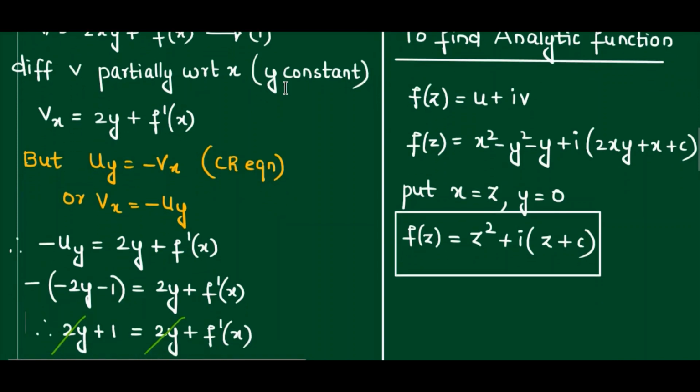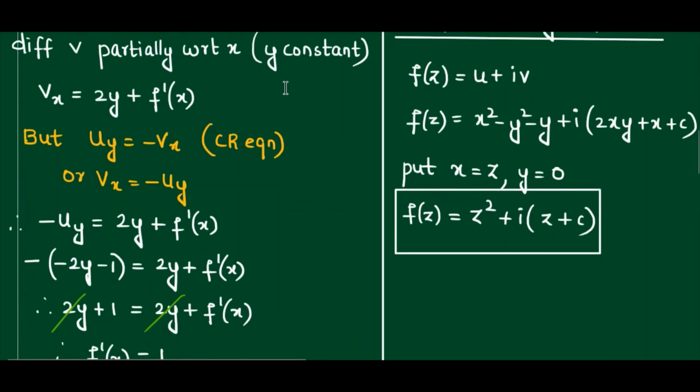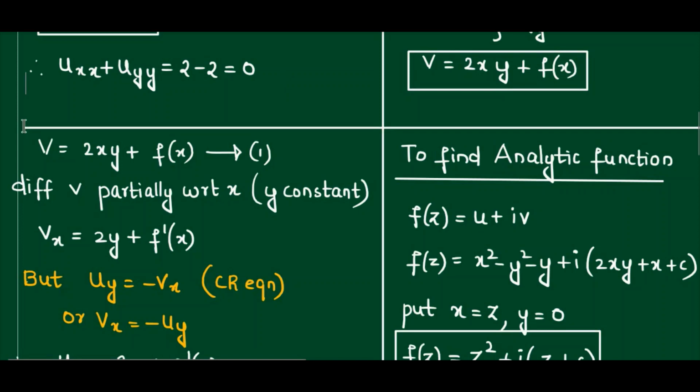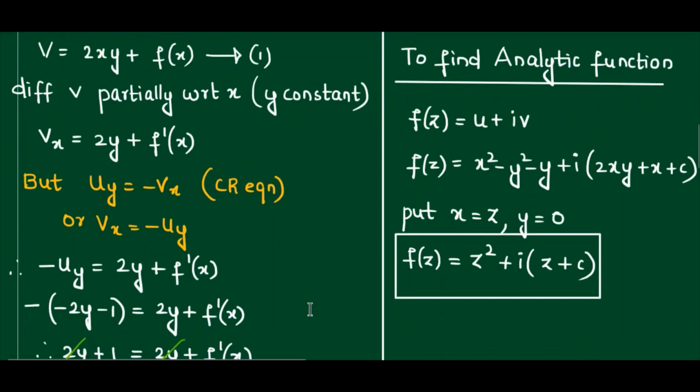So when you differentiate this, vx equal to, y is constant, x is constant, here y is constant, so 2y into differentiation of x is 1 plus f of x derivative is f dash of x. See, I told you we haven't even made use of the second CR equation.